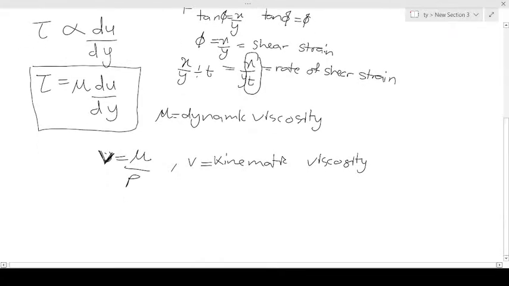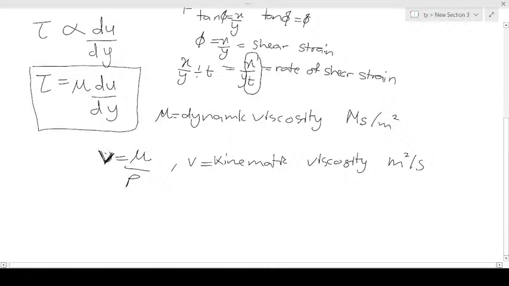And the unit for the dynamic viscosity is Newton second per meter squared, while the unit for kinematic viscosity is meter squared per second. Please let's take note of that.